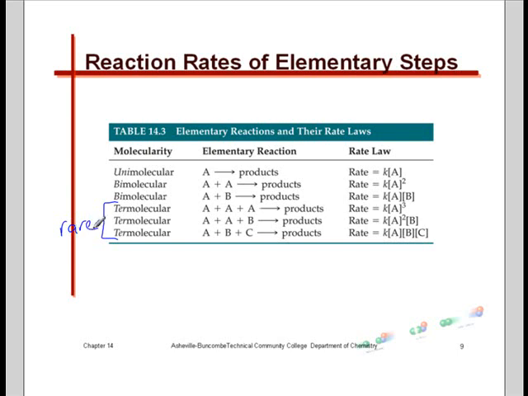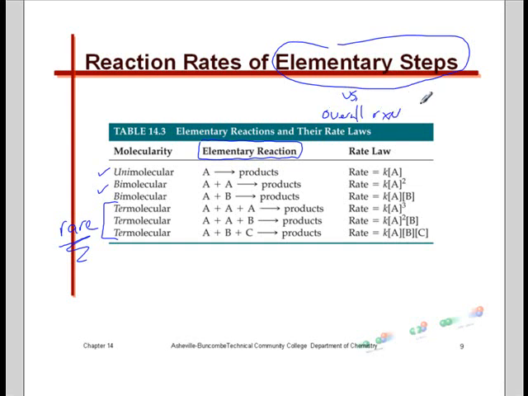Honestly, I'm not sure you're going to see any of these. Bimolecular and unimolecular are much more common. Now what they're doing here is showing the rate law for that particular elementary step. Remember what I told you in the last slide. I didn't talk about it a lot, but if you have an elementary step, and please note, there's a big difference between an elementary step versus the overall reaction.